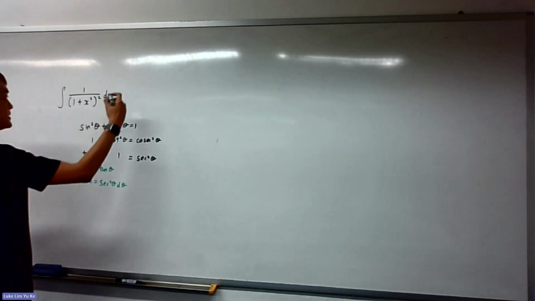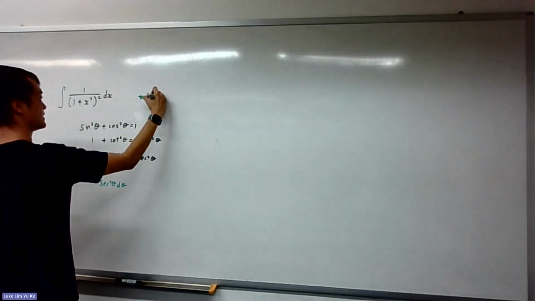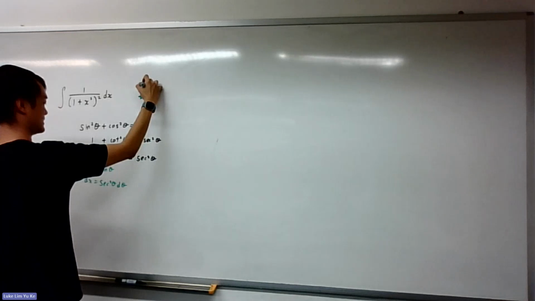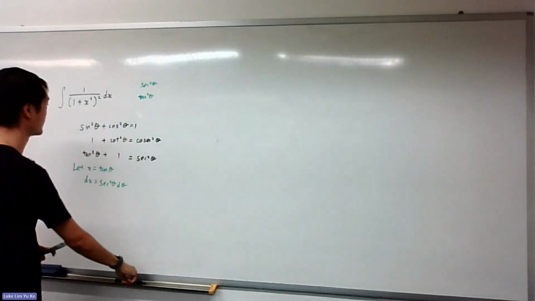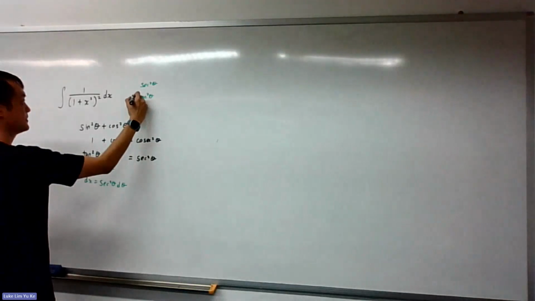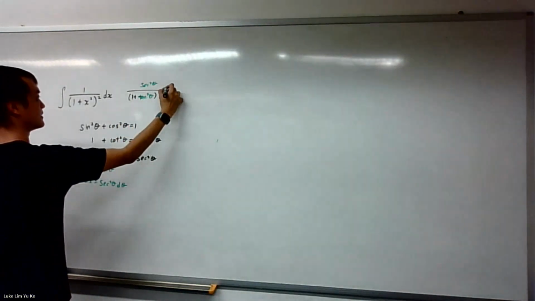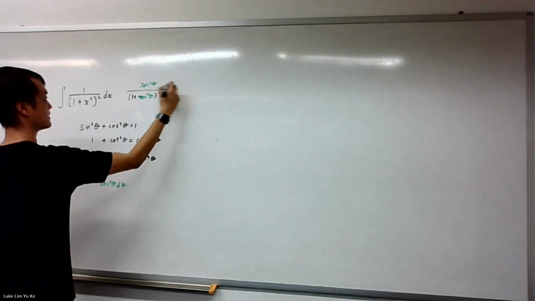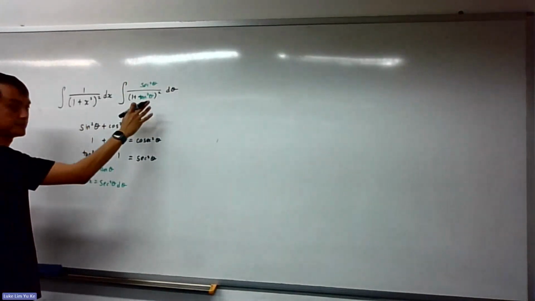So we just do the replacement. We'll get tangent squared theta, and we'll have secant squared theta d theta. That will be replaced. The rest will remain the same.